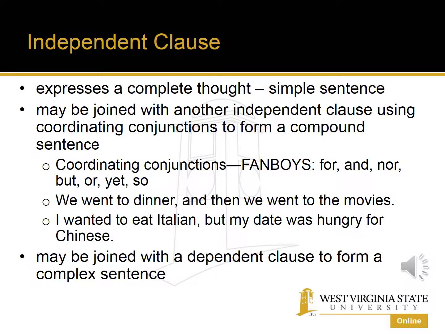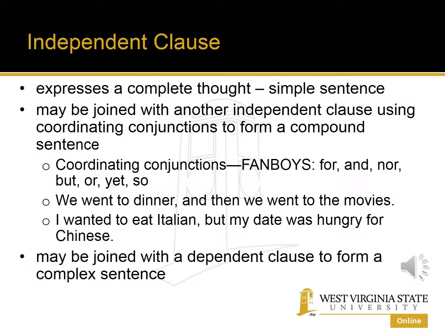They cannot be used to connect a dependent clause to an independent clause. Also note that if you use other than the fanboys, such words as however or otherwise, and use just a comma to connect the two independent clauses with those words, you're causing a comma splice run-on sentence because these words are not coordinating conjunctions. So let's look at a couple of examples.